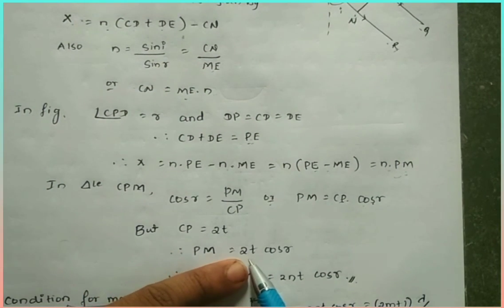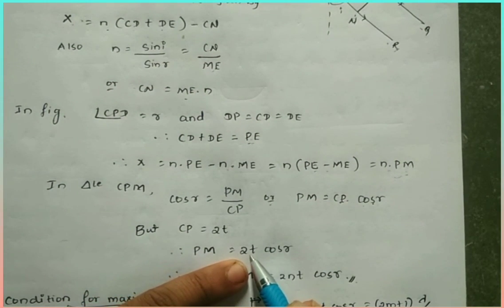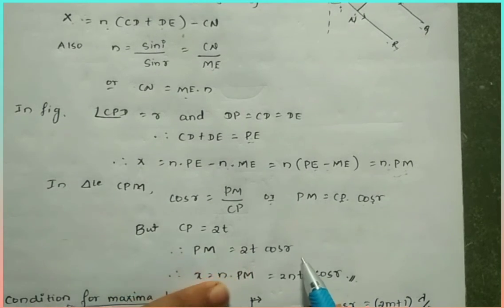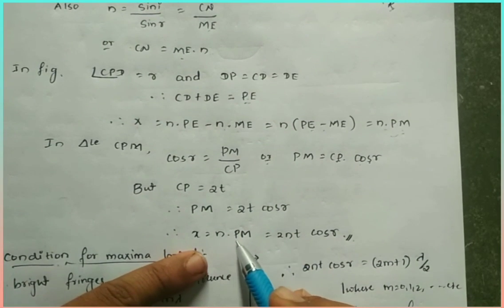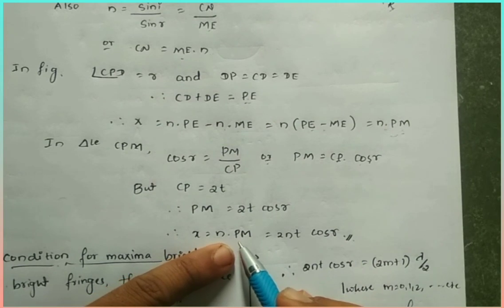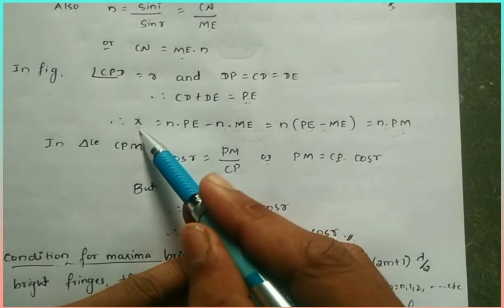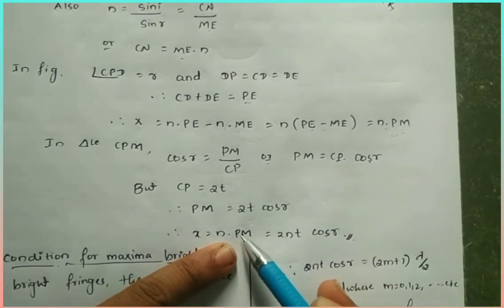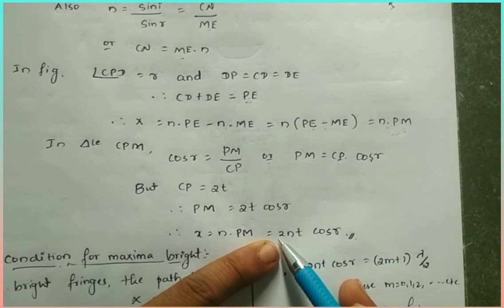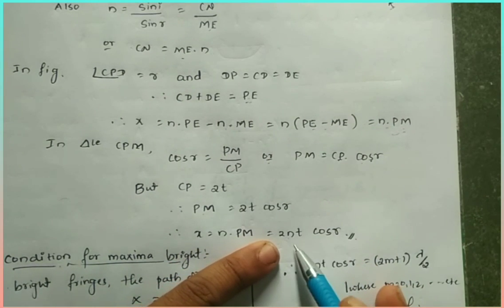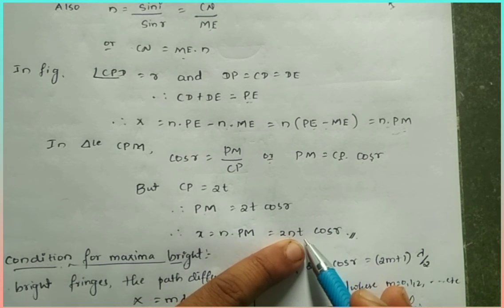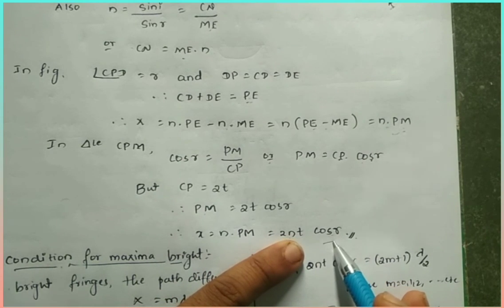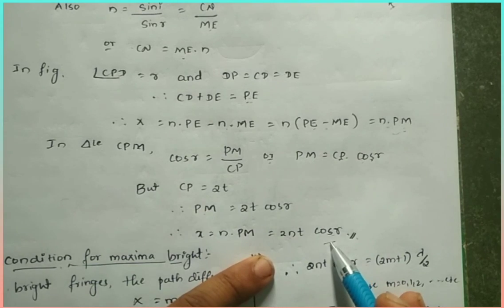Therefore PM equal to CP, and here you put the value, 2t cos r. So therefore x equal to n PM, and PM value is 2t cos r. We got x equal to 2nt cos r. This is the optical path difference.